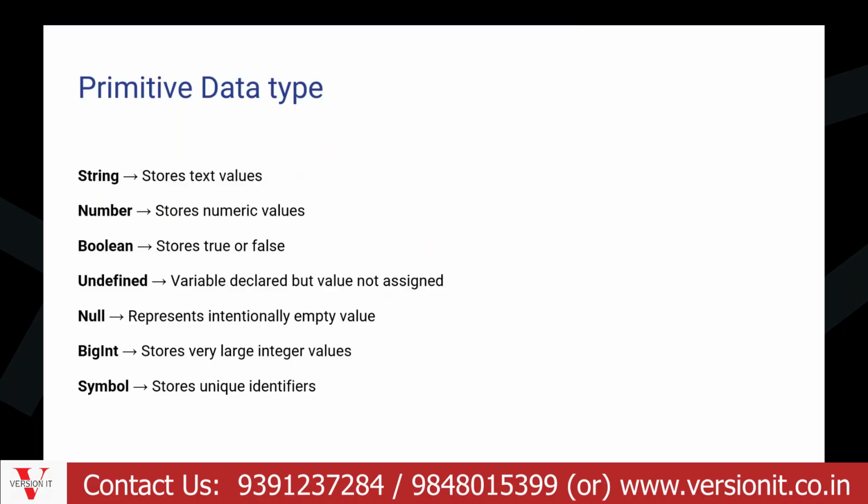For each and every employee, you will have an individual employee ID. Or if you take a bank account number, that is also a unique bank account number, right? If I want to store some value that is unique, then we actually go with symbols.